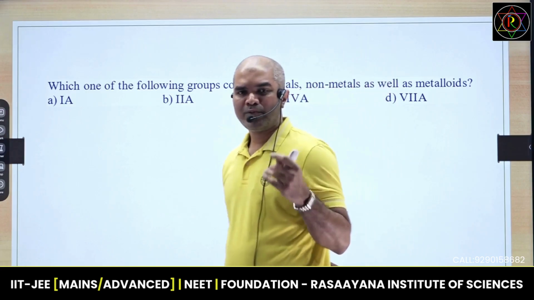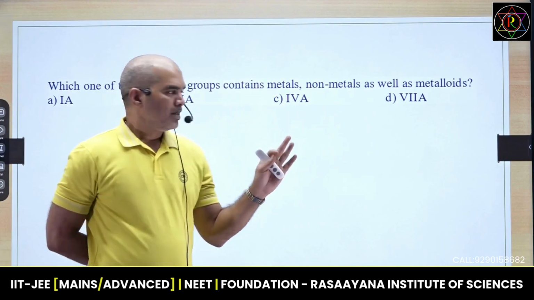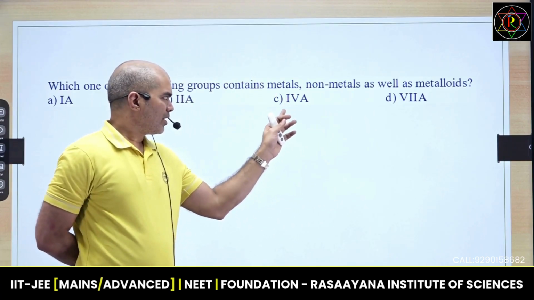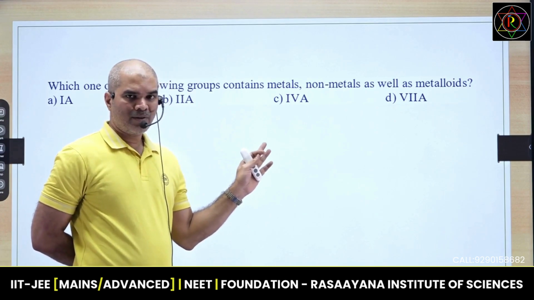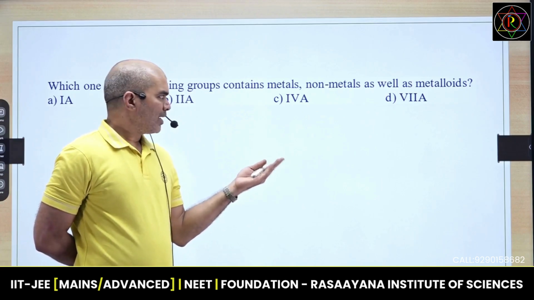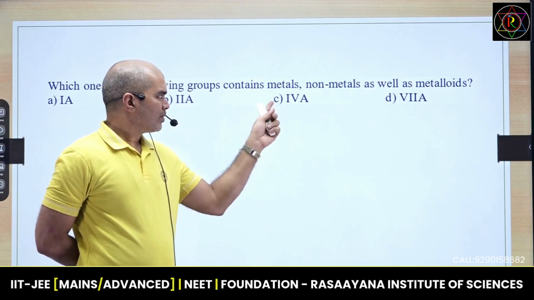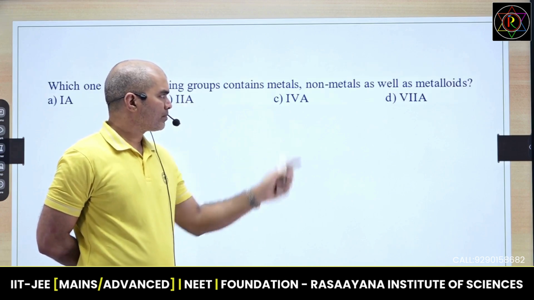So forget about 7A group. Come to 4A. Carbon, non-metal; silicon, germanium, metalloids; tin, lead, metals. So the option is 4A.